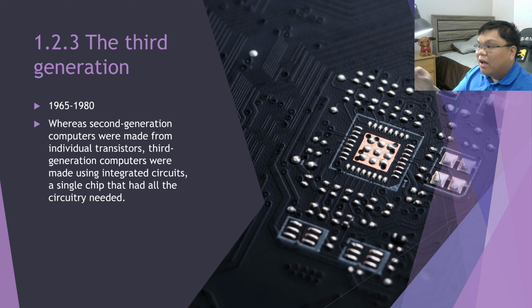Initially it was a little plastic package that you would insert into a slot. And then that would give way to what we have now, which are the entire CPUs with all the pins on one side and the heatsink on another side. So this is the third generation of computers.